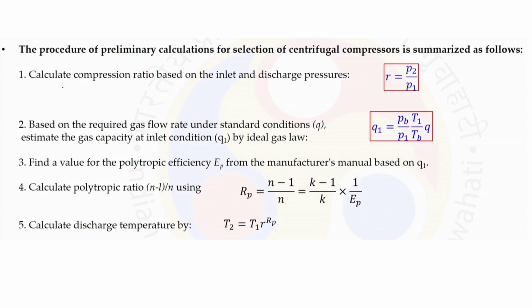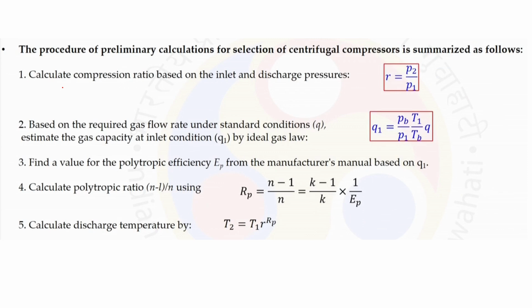The procedure of preliminary calculations for selection of a centrifugal compressor is summarized as follows. The first step is to calculate the compression ratio based on the inlet and discharge pressure. If the inlet and the discharge pressure are known to us, we have to find out the compression ratio. Based on the required gas flow rate under standard condition Q, estimate the gas capacity at inlet condition Q1 by the ideal gas law.